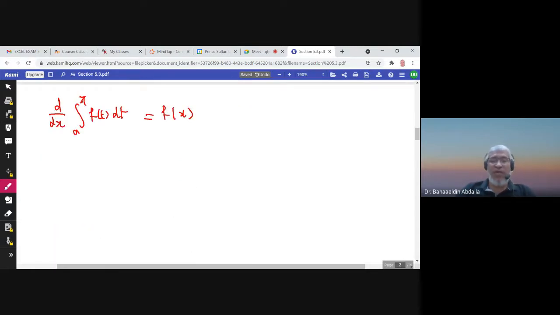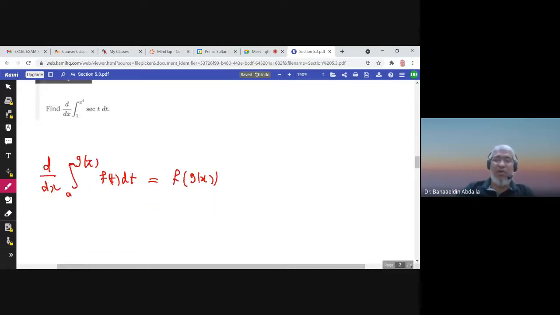Here we have f at x, but this time, since this is g of x, not x, we will multiply by the derivative of g, which is g prime of x. So this is using the chain rule. So here, what would be the derivative of this integral? It would be this function, secant at x to the power 4, and then we multiply by the derivative of x to the power 4, which is 4x cubed.